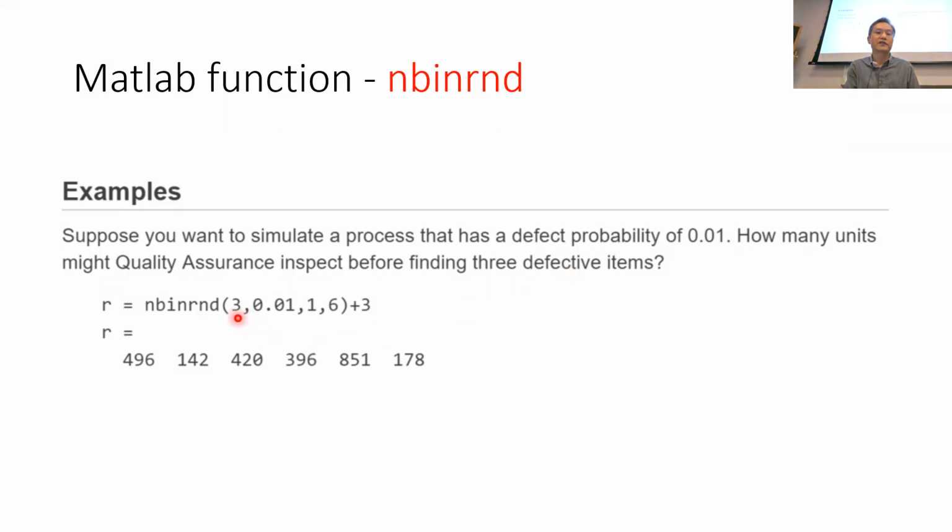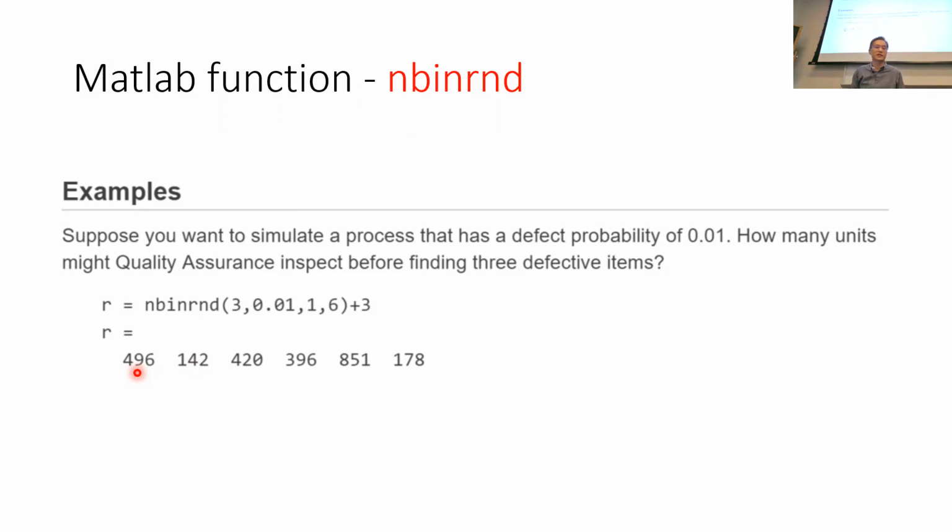The defective probability is 0.01, right? I will do 6 trials and see how many I need to try to get my 3 defective items. In the first example, I tried 496 times and got 3 defective ones. In the second trial, I tried 142 times and got 3.